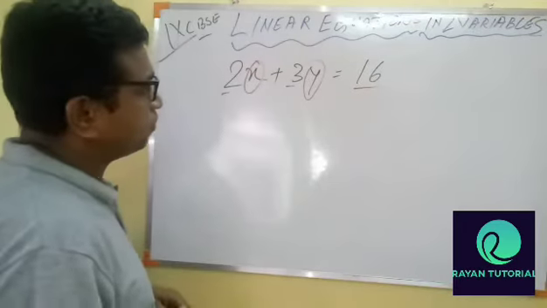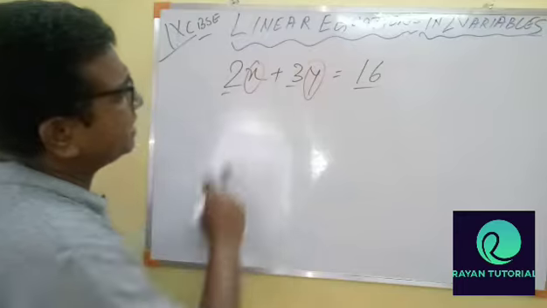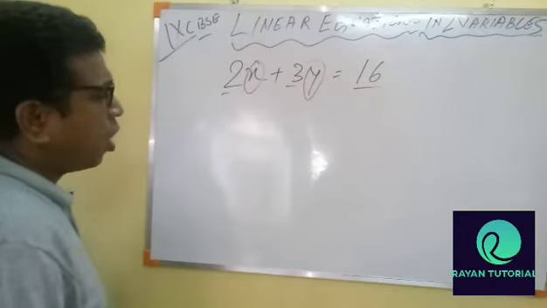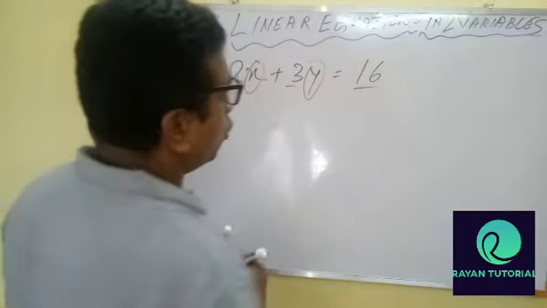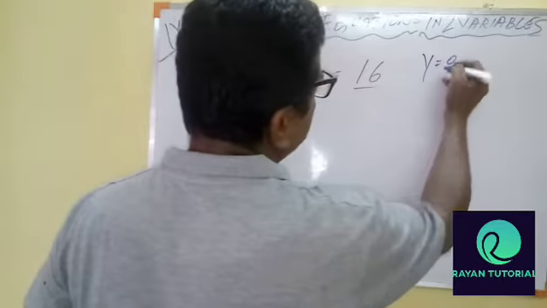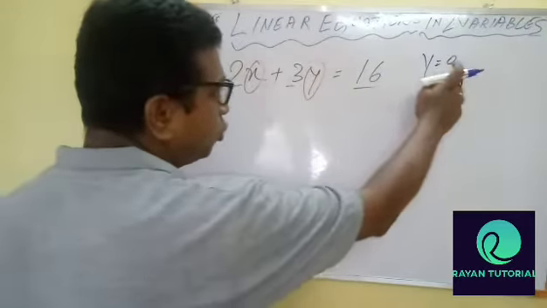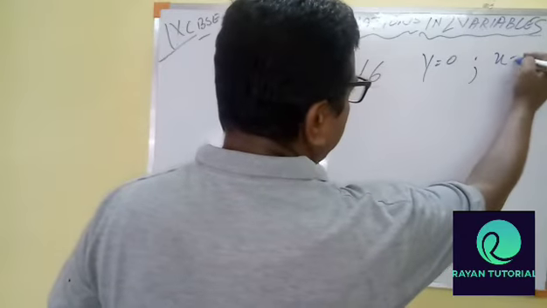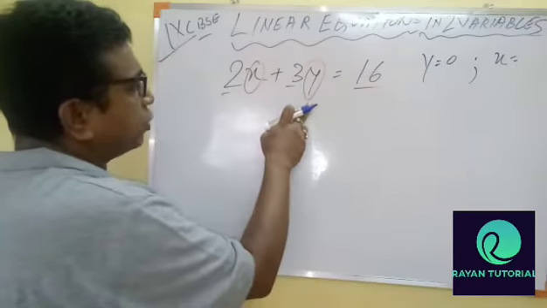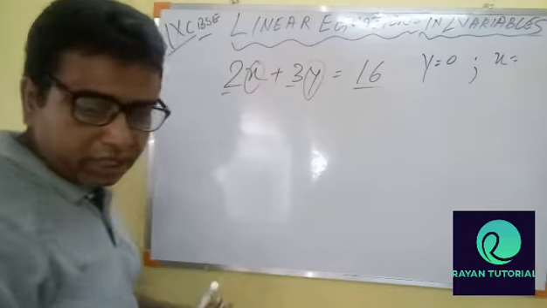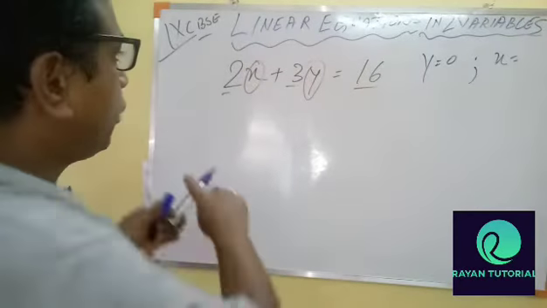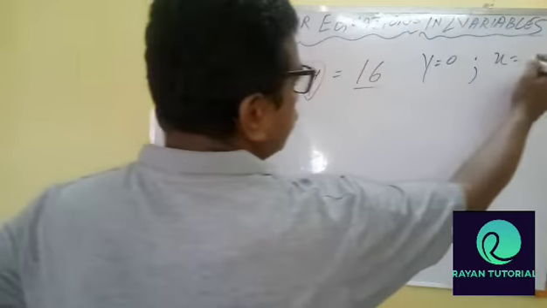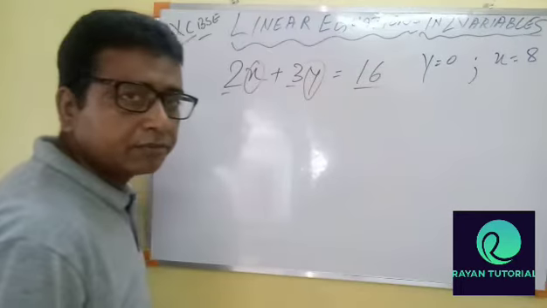Suppose I put y equals 0. Now if y equals 0, that means this total is 0, so this total becomes nothing. So 2x equals 16, so x becomes 8.